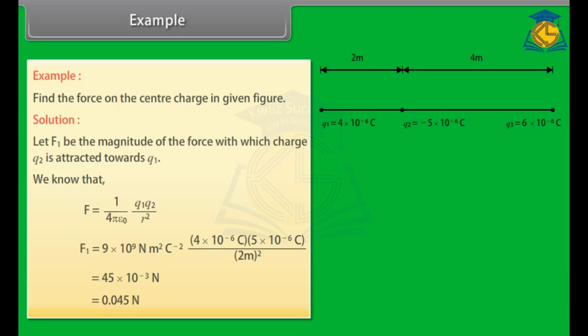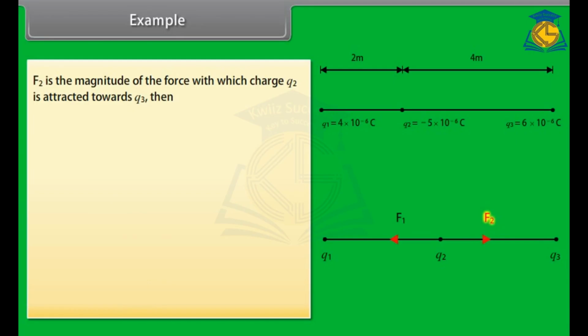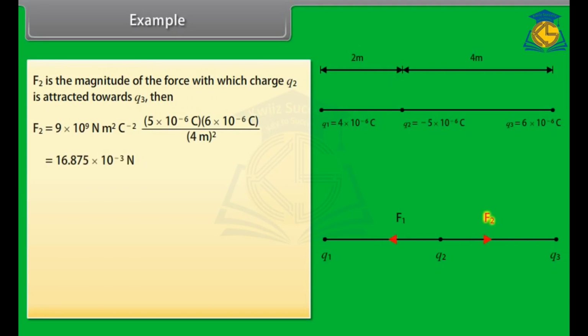0.045 Newton. F2 is the magnitude of the force with which charge Q2 is attracted towards Q3. Put the values in the above equation, we get F2 = 16.875 × 10^-3 Newton, which is equal to 0.0169 Newton.